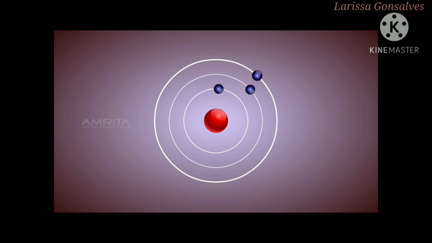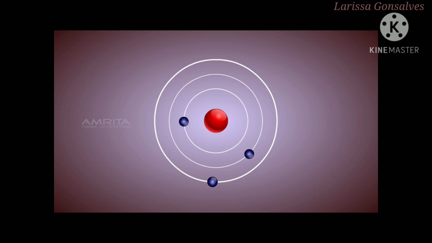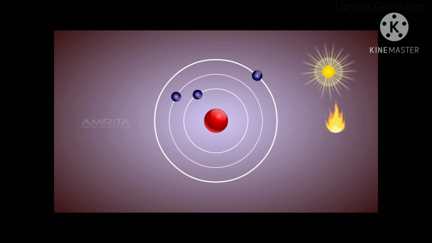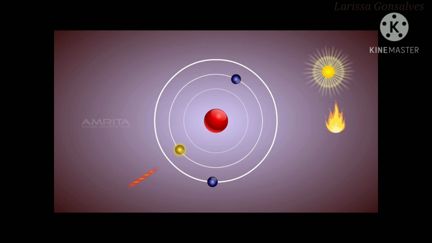Well then, does an electron radiate energy by itself? Since electrons move in a particular orbit, they do not radiate energy by themselves. What happens instead is when an atom absorbs energy, the electrons get excited and jump into the next higher energy level. The electron can radiate energy and return to its original state or drop down to the next energy level.